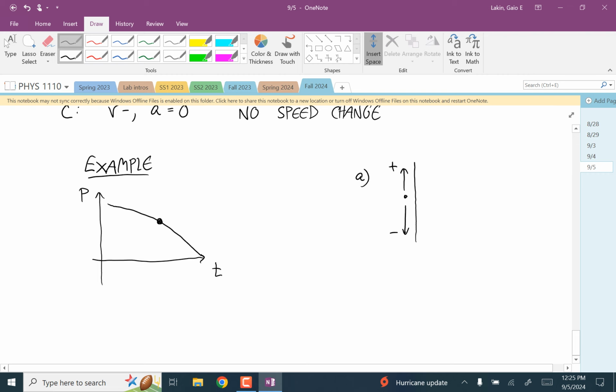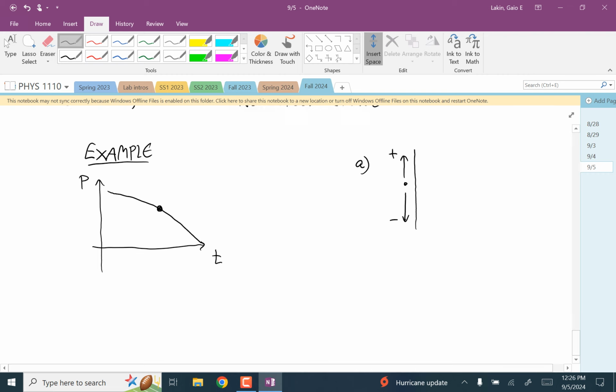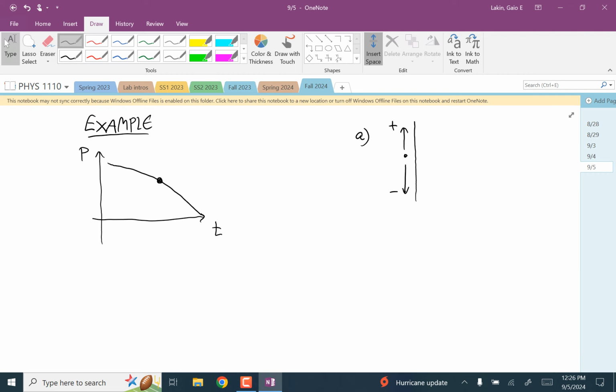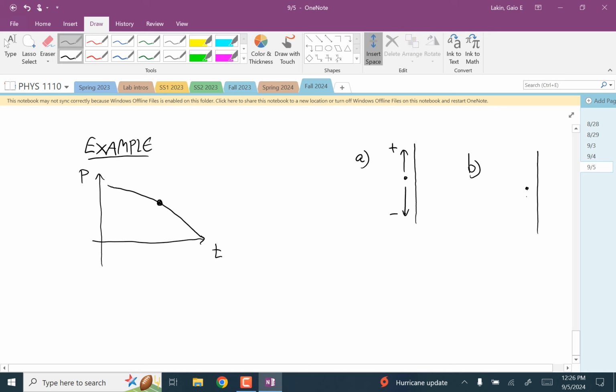Okay, and then for part B, it's still going to be moving vertically, but we're going to call the positive direction down and the negative direction up. You can do that. It's just where you place your positive and negative stickers in the path of this object.